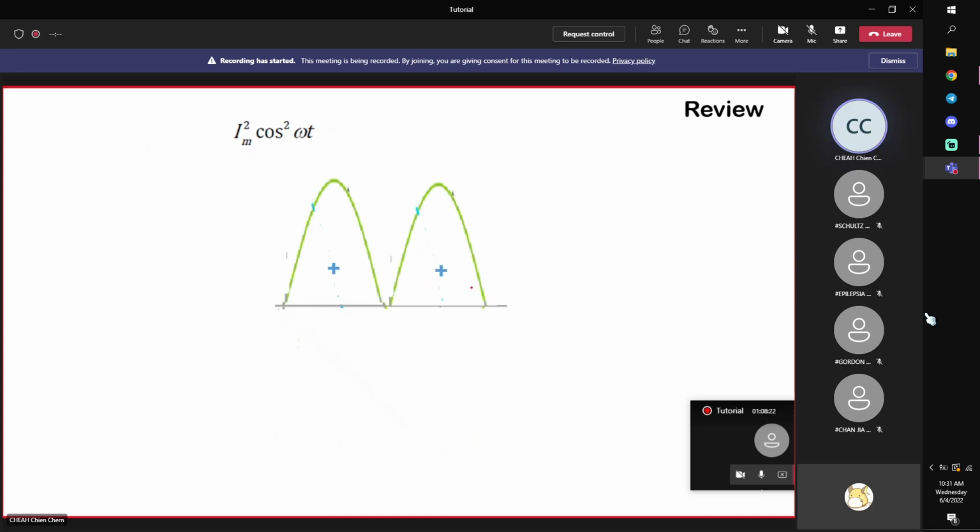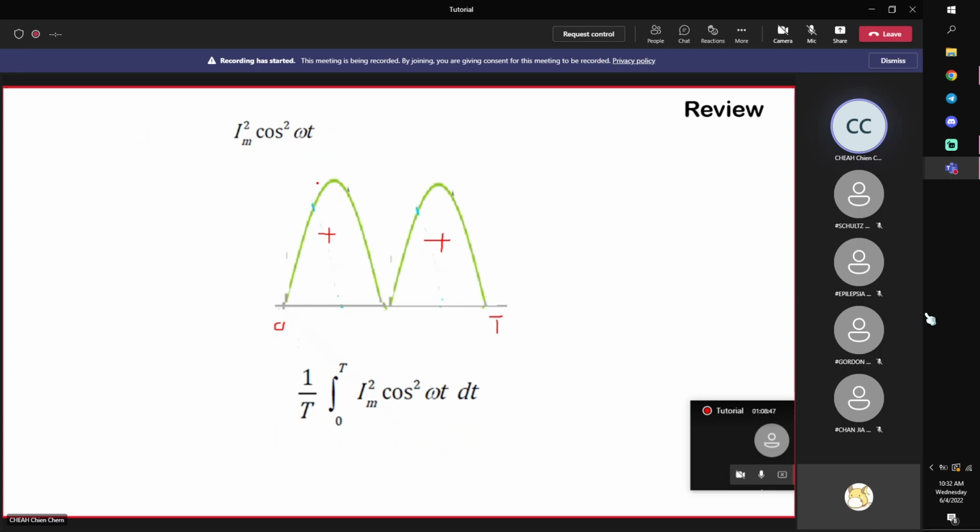So if we calculate the average of the squared values over one period, then it will not be 0 anymore. So the idea is that we square it so that we have positive values, so that we can calculate the effective values over one period.